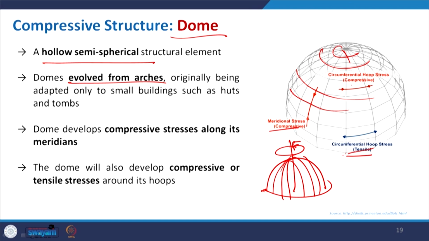So in this dome, if we take it as an example, the majority is basically compression, but definitely at the circumferential hoops they are taking tension, and at the top where they are close together, the circumferential hoops are taking compression. This is again a very useful structure.